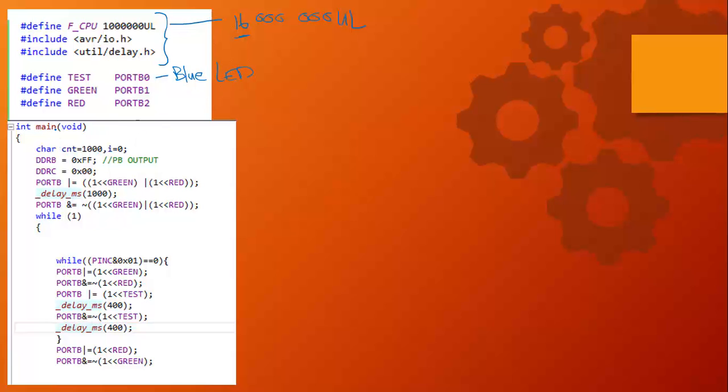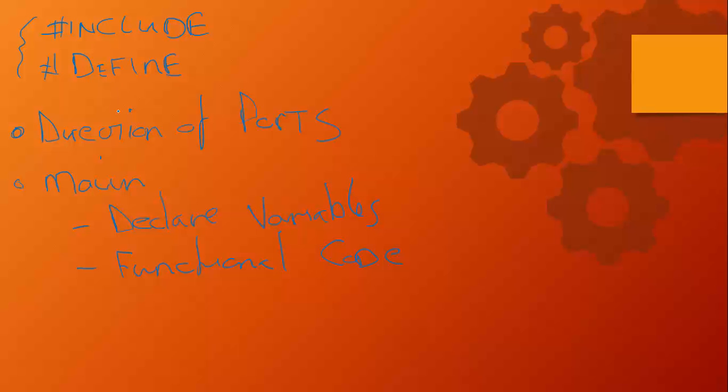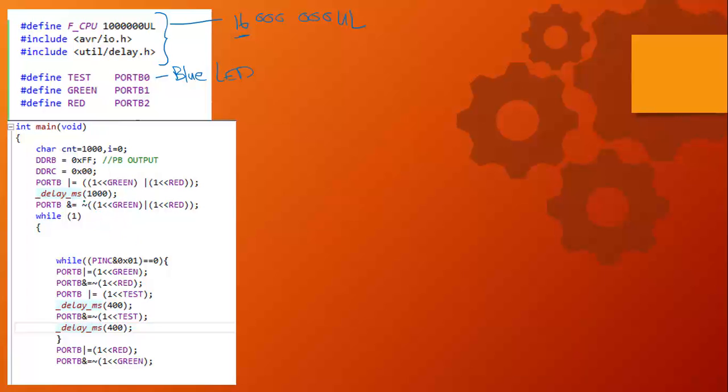Then in my main program, sorry, in our sequence here, I said we declare the direction of the ports, and then we have the main. But remember, you always put the declaration of the ports direction in the main. The main part is basically the part that we want to execute continuously.